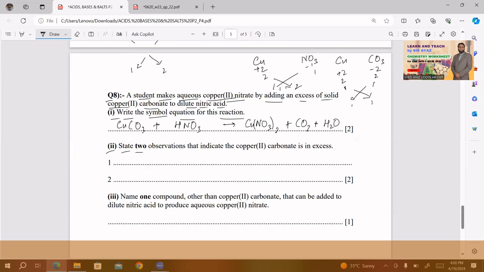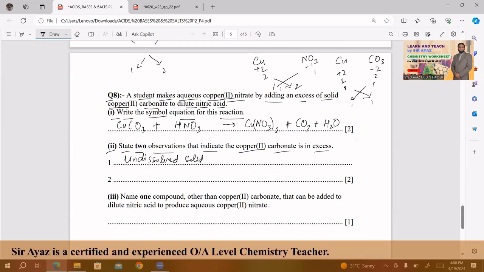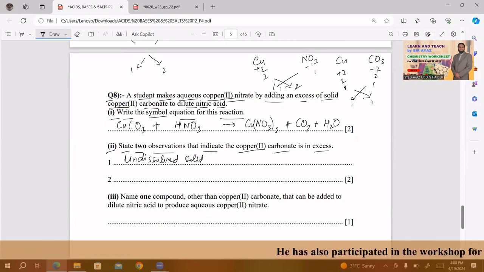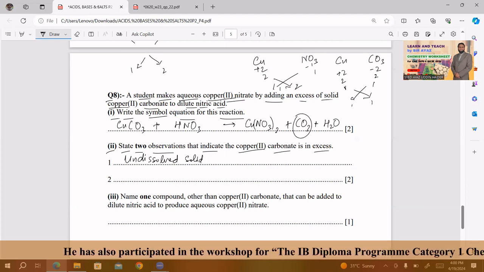Number 2, state 2 observations that indicate the copper 2 carbonate is in excess. It's very easy. It's existing in the solid state, so you must have undissolved or unreacted solid left. Undissolved solid. Also, effervescence or bubbling is produced due to the production of carbon dioxide gas.